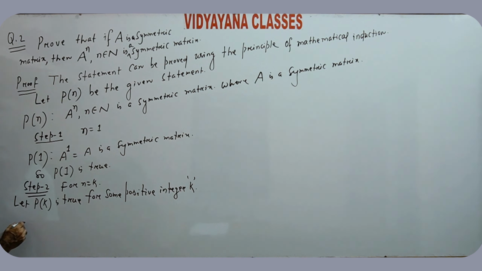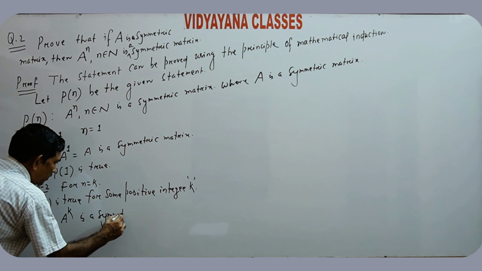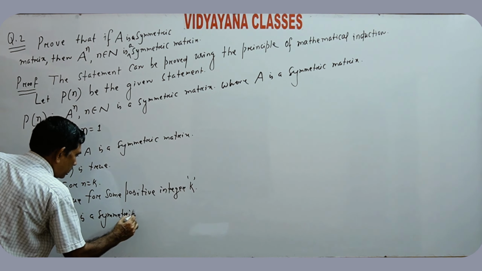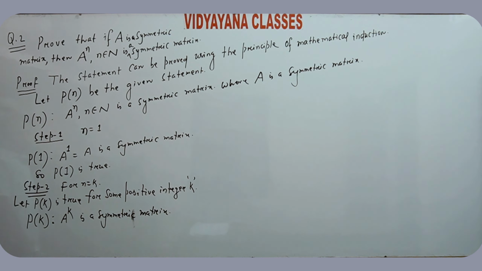Pk so that A to the power k is a symmetric matrix. The second step will be assumed that Pk is true. That means A to the k is a symmetric matrix is true.